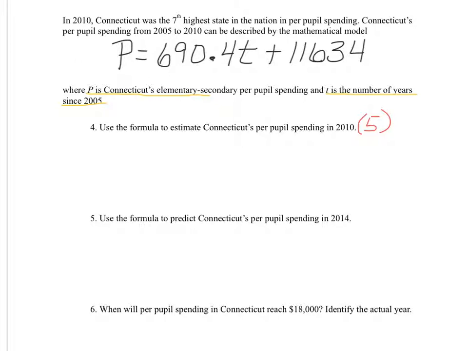So we're going to substitute 5 in where T is and solve. So we're going to have P equals 690.4 times 5.